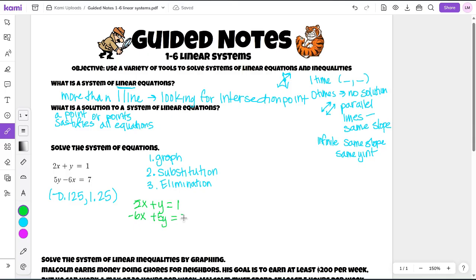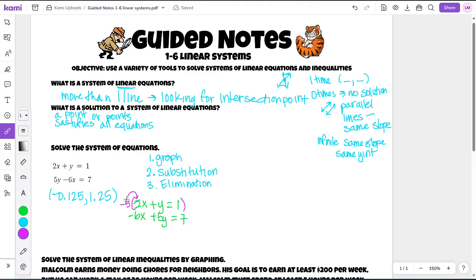And the goal of the elimination game is to eliminate either x or y. And I do that by the numbers in front of the variable being the same number but opposite signs. So on the top equation, I'm going to multiply by negative 5 because negative 5y plus 5y will give me 0.